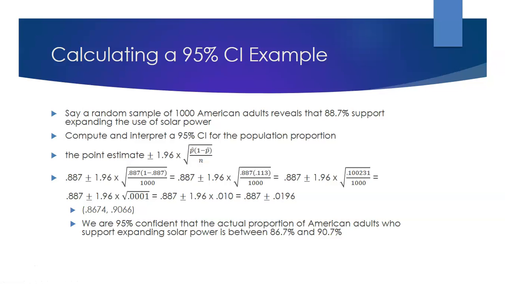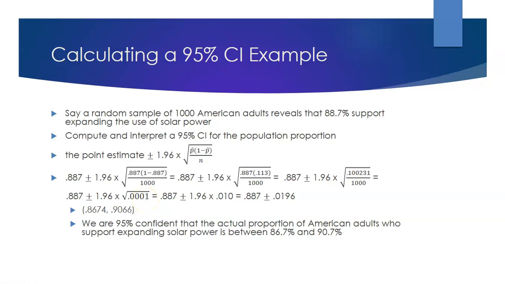Our next step in the order of operations is to multiply the numerator. So 0.887 times 0.113 gets us this value over here, 0.100231. Then the next step in the order of operations is to do the division. 0.100231 divided by 1,000 gives us this value down here, 0.0001.